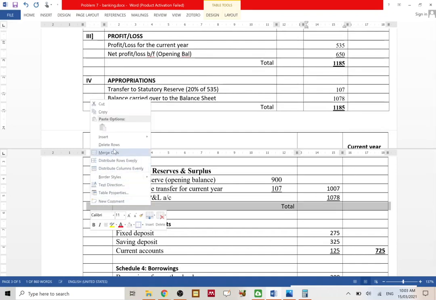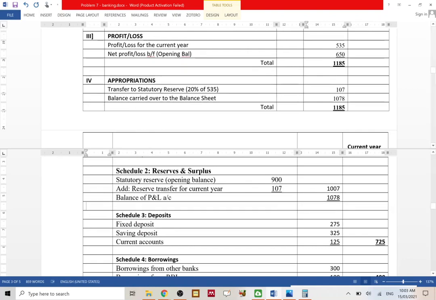So in our reserves and surpluses, we have statutory reserve, previous years, current years 1007, and balance of the profit and loss, two effects. One we show it in the P&L, the other it will come here under your reserves and surpluses. Okay. So total of reserves and surpluses, will complete that as well. 1078 plus 1007 gives us 2085. This is our reserves and surplus total.